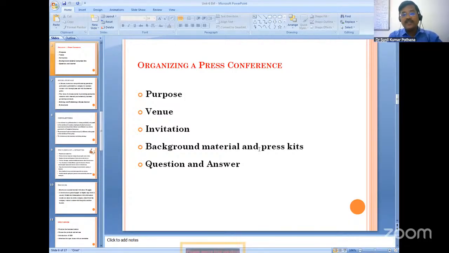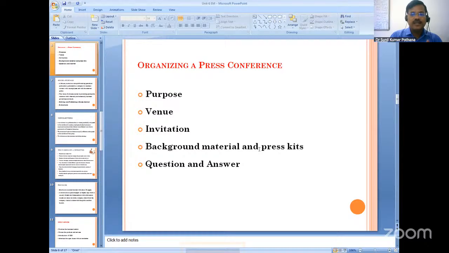In the press conference, there is another session for questions and answers. Generally, the reporters ask the questions, and the CEO or MD answers the press people. So there is one session for questions and answers. First, the CEO or MD will discuss the purpose of conducting the press conference.